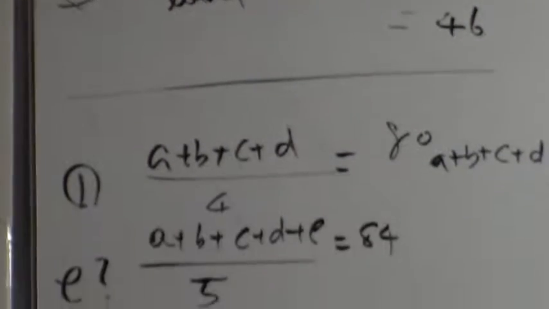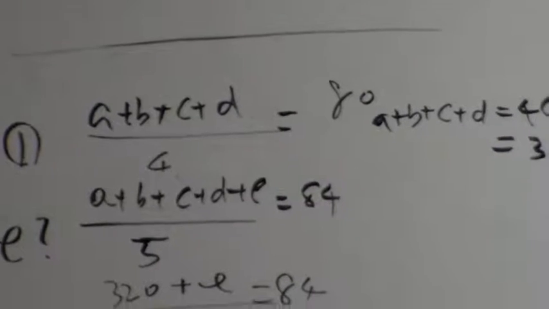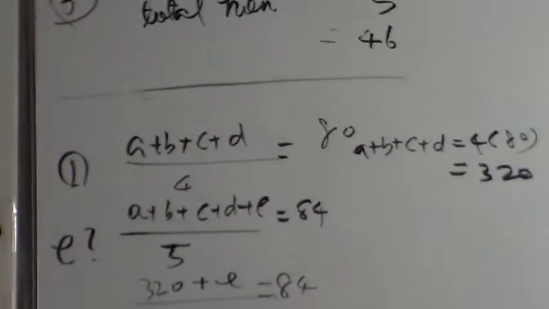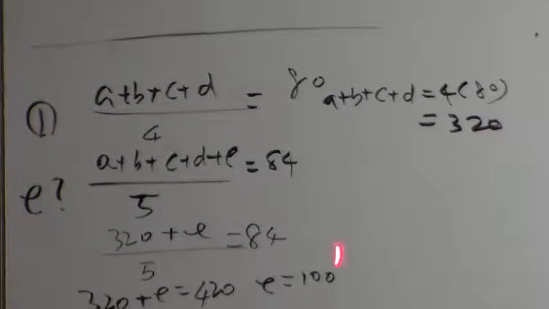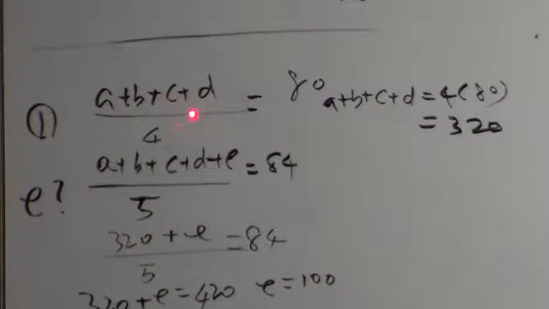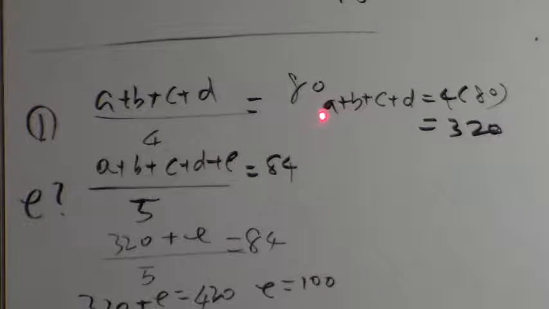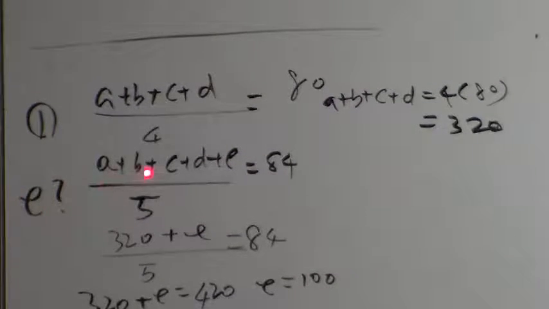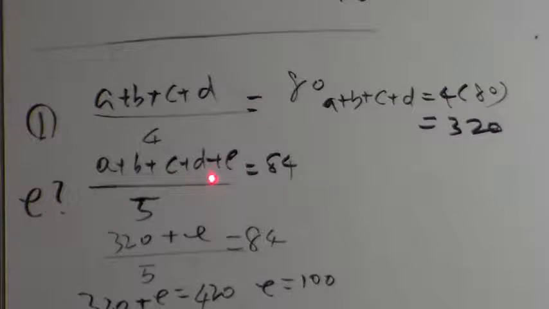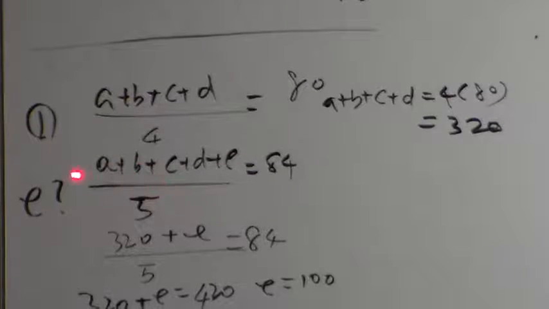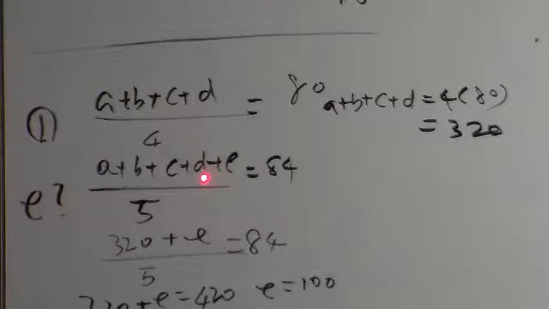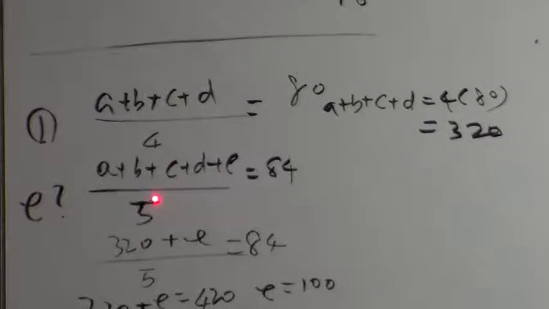Okay, next one is, let me zoom out a little bit. Okay, the average of A, B, C, D, 4 numbers is 80. Then we're looking for one number E, then the average will be 85. So that means A plus B plus C plus D plus E divided by 5 is 84.